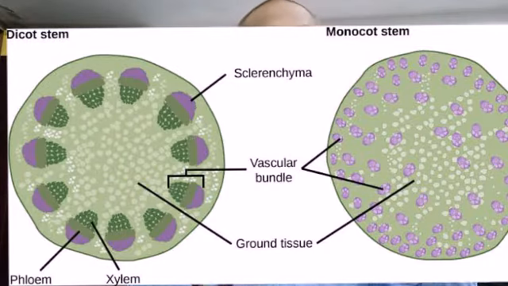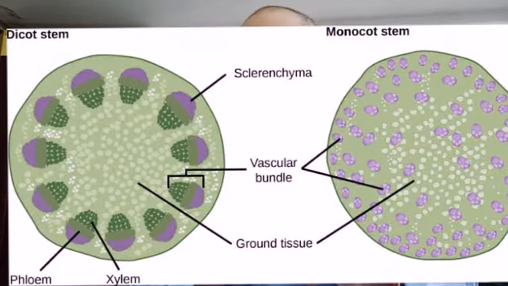A tissue, as we already learned in class 6, is a group of specialized cells, and they perform a special function in an organism. So this vascular tissue transports water and nutrients to the entire plant, and this tissue is called xylem.